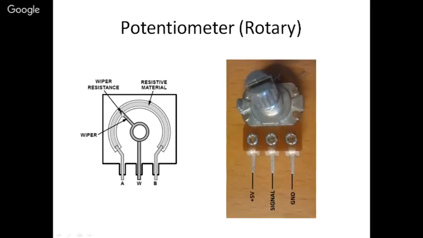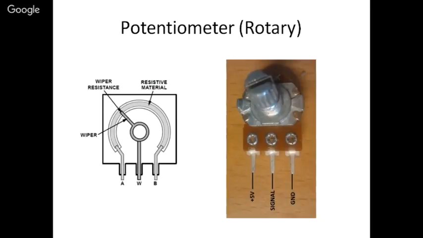If the wiper is here and we measure the voltage across this output, that is terminal 2, and across the ground, then the voltage will be equal to the current through this resistance multiplied by this much resistance. So if the wiper is here, the output voltage will be the same as the reference voltage, but as the wiper goes on moving towards the right, the output voltage will go on decreasing. This is a picture of a rotary potentiometer. You can see here it says plus 5 volt, ground and the output.